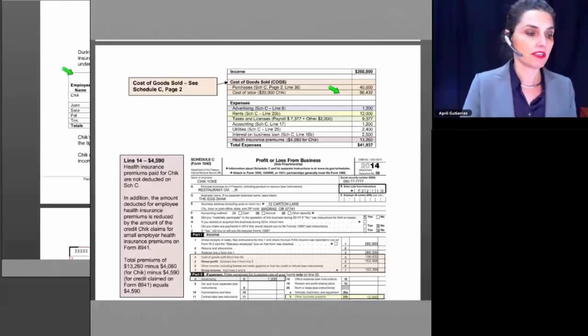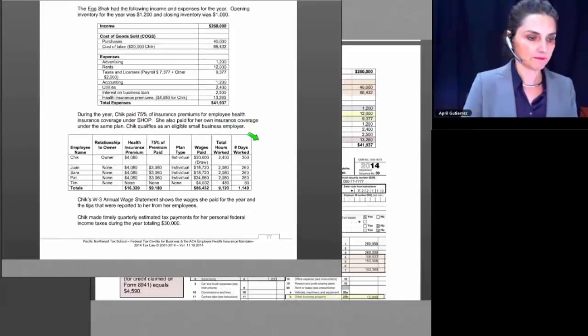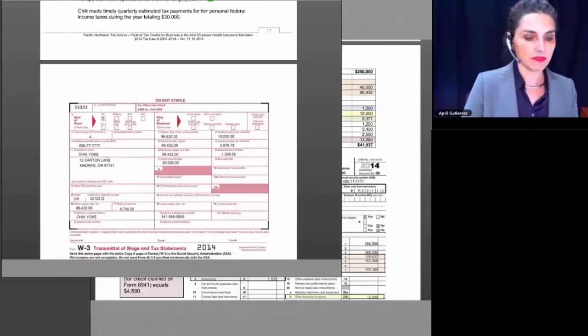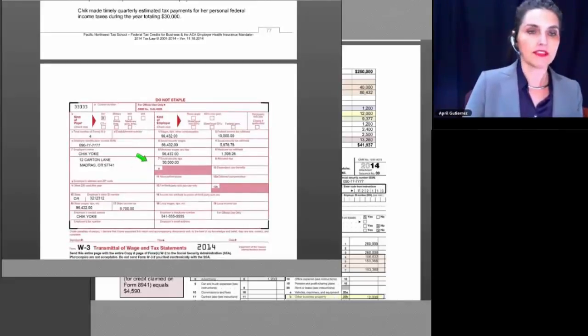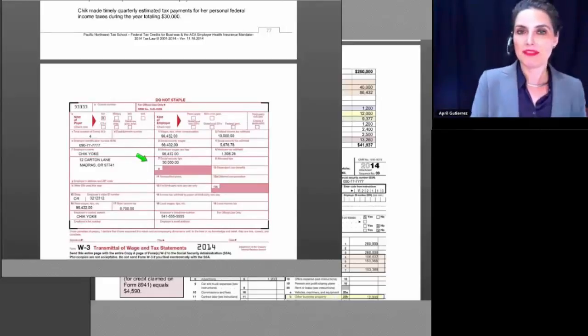So when we looked at the actual wages that Chick paid to her workers, we've got $66,000 after we subtract out the wages or the draw that Chick took for herself. So we have $66,432 up here as opposed to $96,000 over here. And that $30,000 difference is tips that the employees received, but they were paid by the customers of Chick.